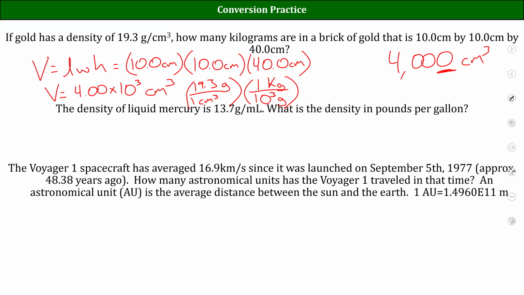If you watch your units, we had centimeters times centimeters times centimeters. And remember, our rules for what we do with units are just like they are with variables. If this was 10x times 10x times 40x, that would wind up being x cubed, right? The units behave just like variables that way. So we're in cubic centimeters. Our density is in cubic centimeters, so we're going to put cubic centimeters on the bottom so that it cancels out.